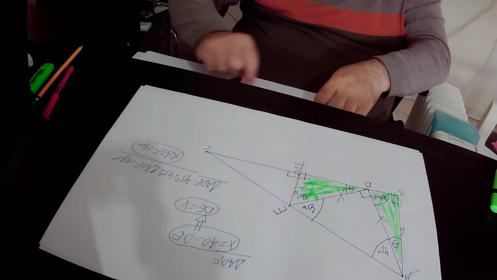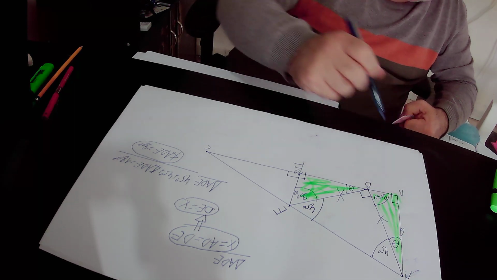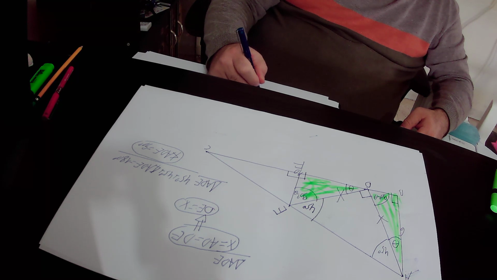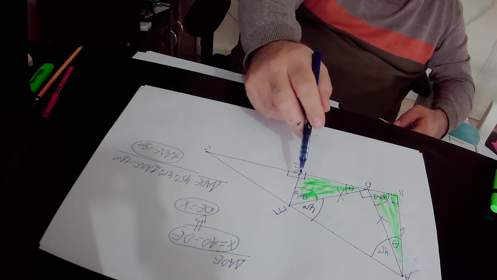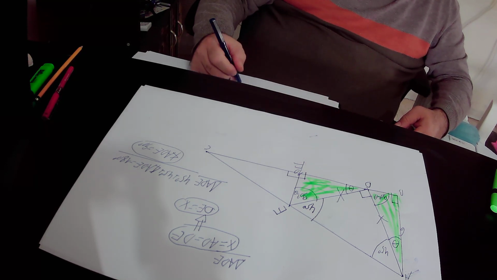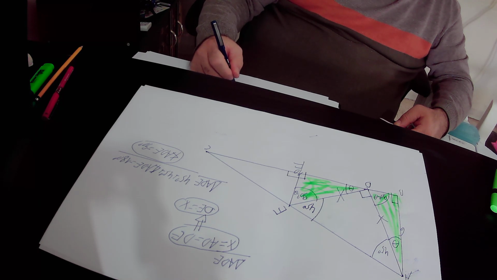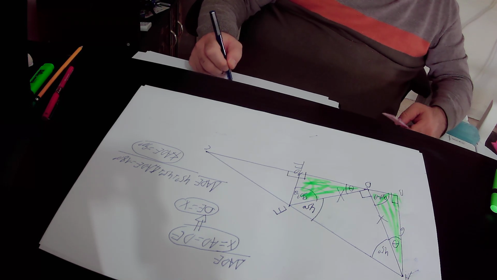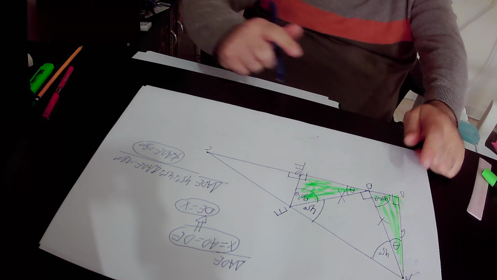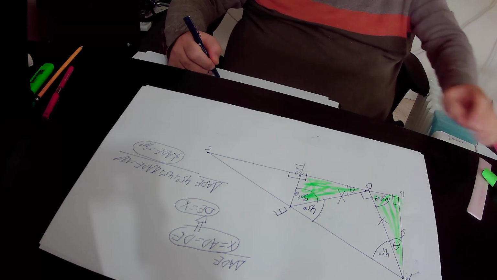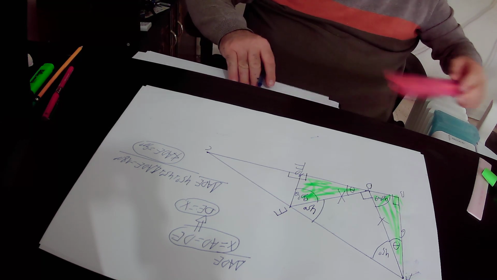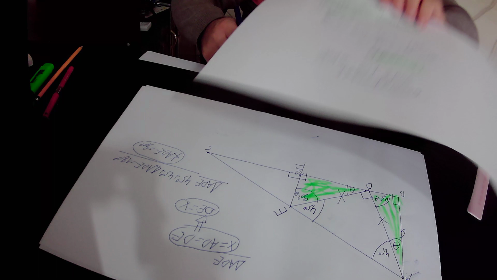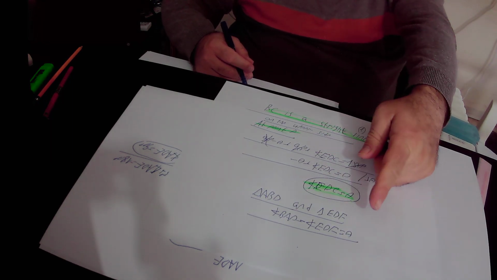So we can write down that angle BAD is equal to angle EDF, and both angles are equal to theta.